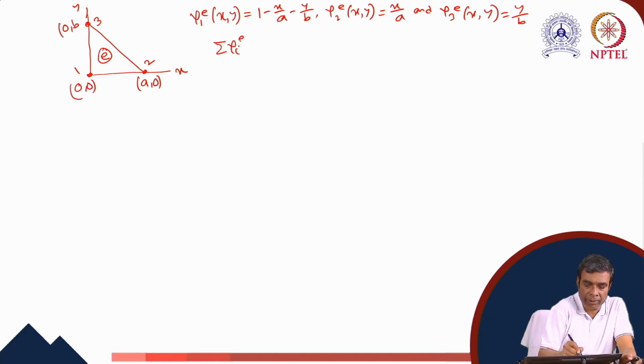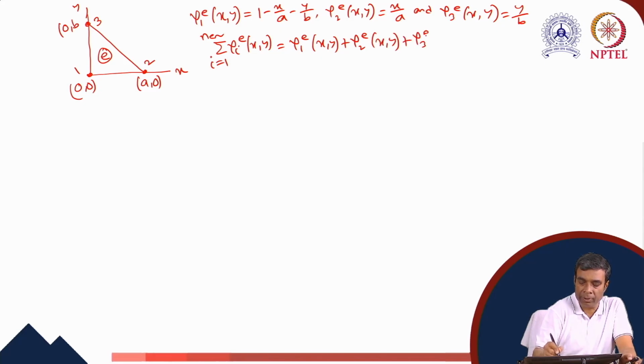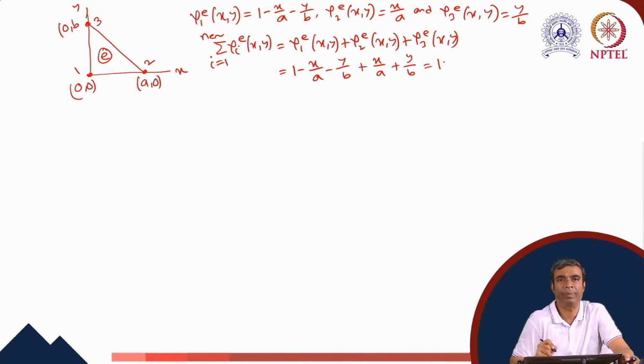Summation of psi ie x, y, i varying from 1 to n, equals psi 1e x, y plus psi 2e x, y plus psi 3e x, y. We find this as 1 minus x by a minus y by b plus x by a plus y by b equals 1. So it satisfies the property of Lagrangian shape functions.